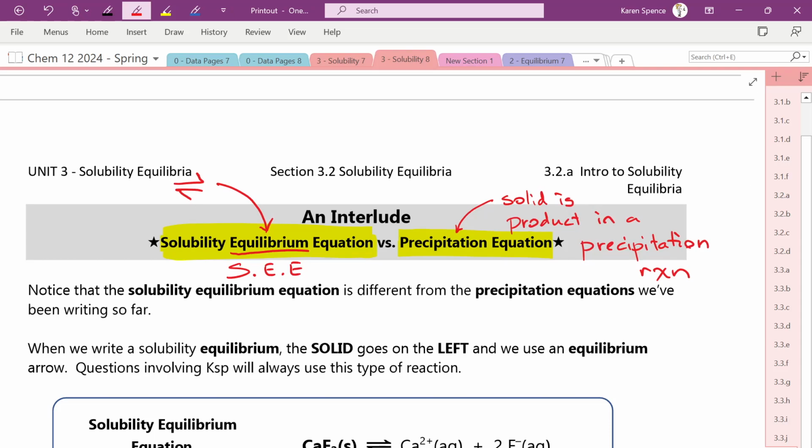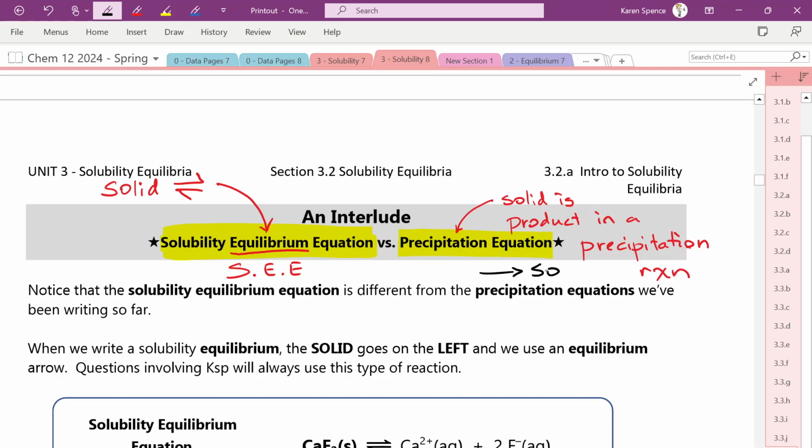And do you remember where we wrote the solid in the solubility equilibrium equation? On the left. We wrote the solid on the left. In a precipitation equation, the solid is the product. So where should we write it? We should write it on the right.